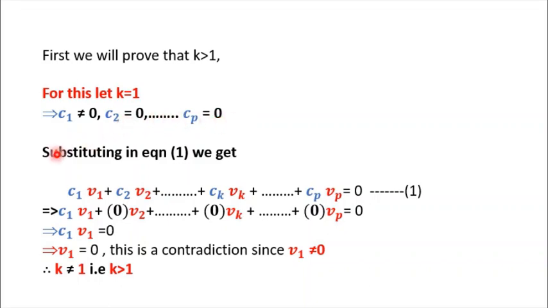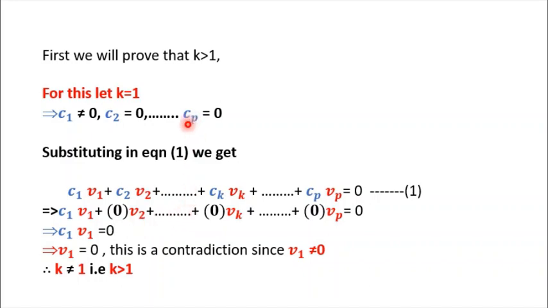Is it clear? Then substituting in equation 1 we get c1 v1 plus c2 v2 plus and so on plus ck vk plus and so on plus cp vp is equal to 0. This we have considered as equation 1. Then substitute here c1 v1 plus, and what did we suppose for c2? 0. So 0 into v2 plus and so on.